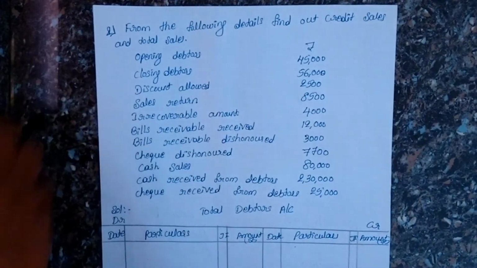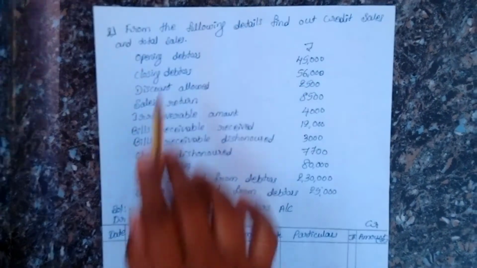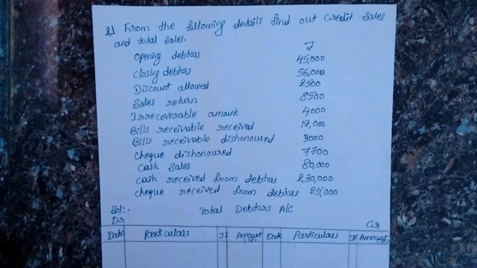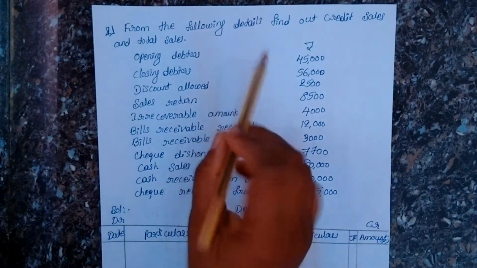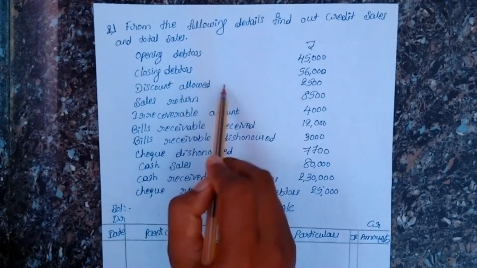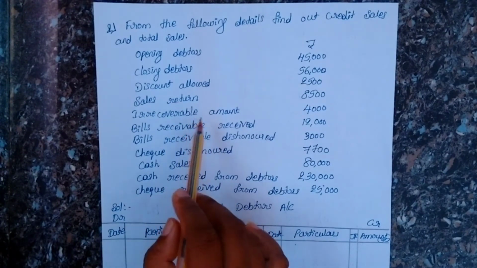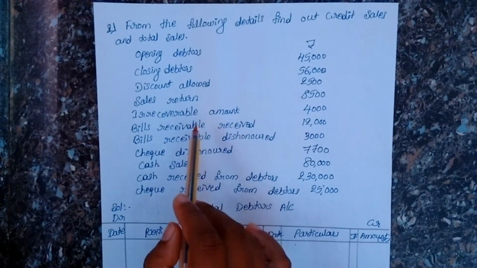From the following details, find out credit sales and total sales. They asked us to calculate credit sales as well as total sales. Total sales in the sense cash sales plus credit sales. Opening debtors they mentioned, closing debtors, discount allowed, sales return, irrecoverable amount in the sense bad debts that is not recoverable.